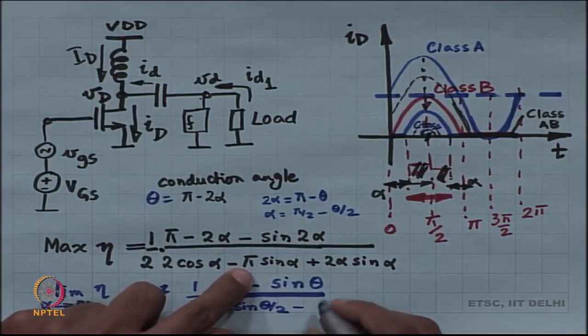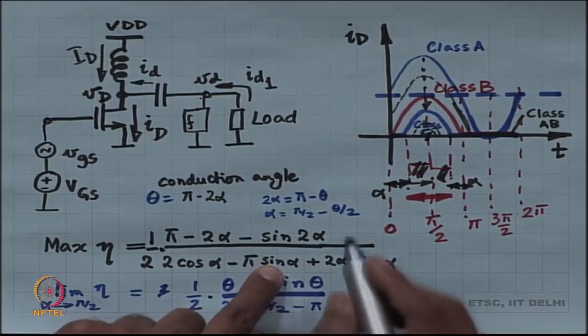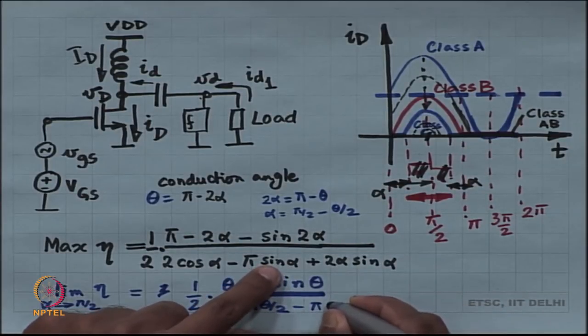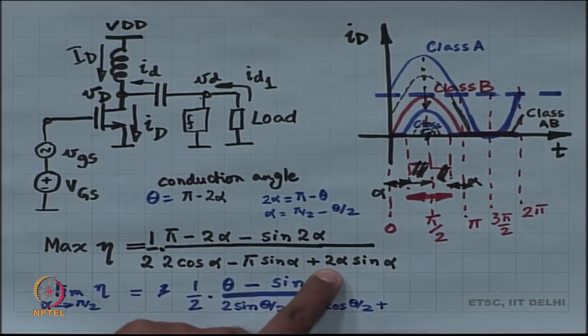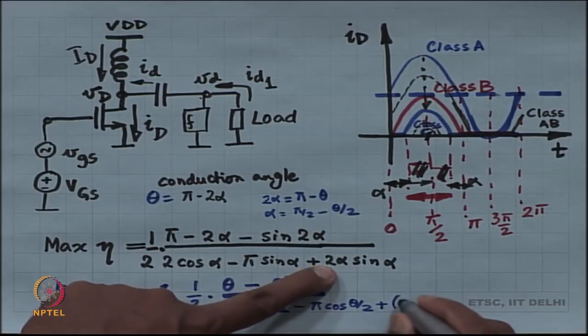Minus pi times again sin alpha, which is going to be cos theta by 2. Two alpha is pi minus theta.